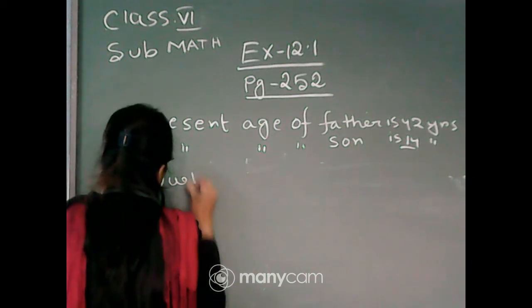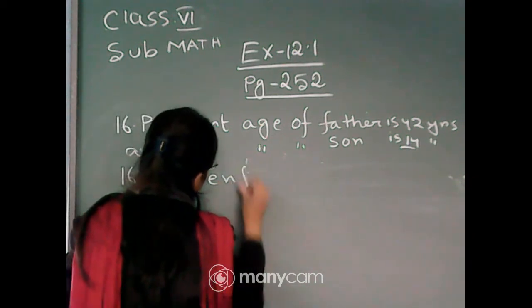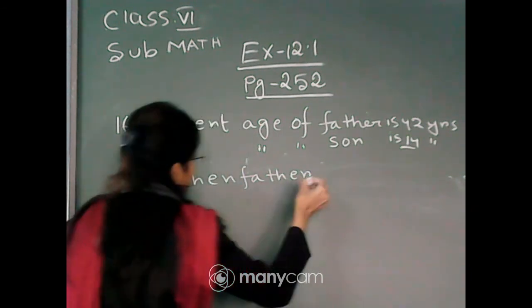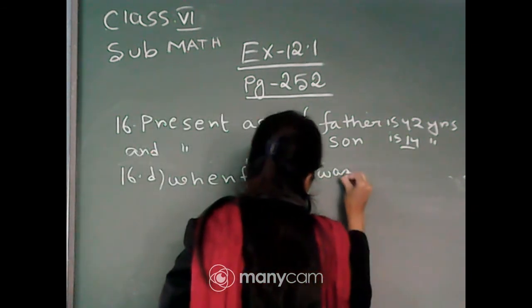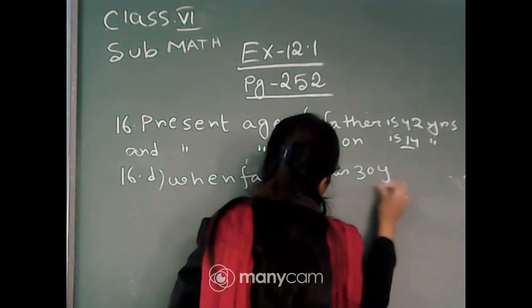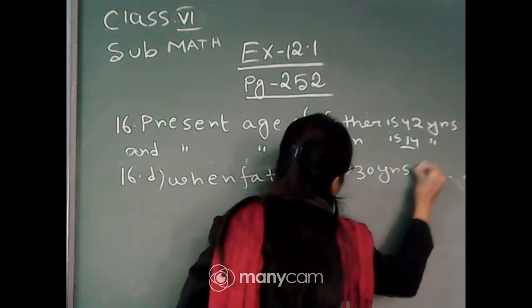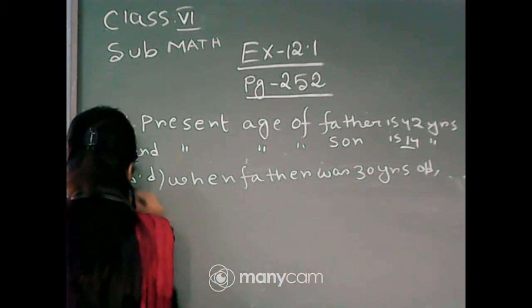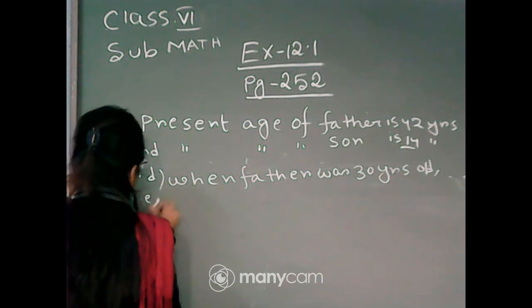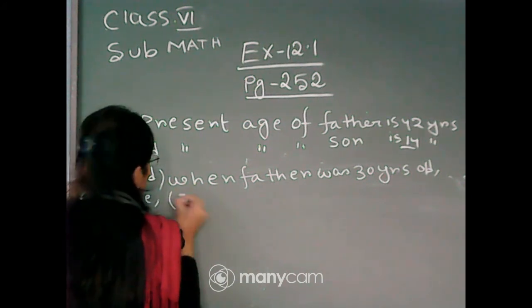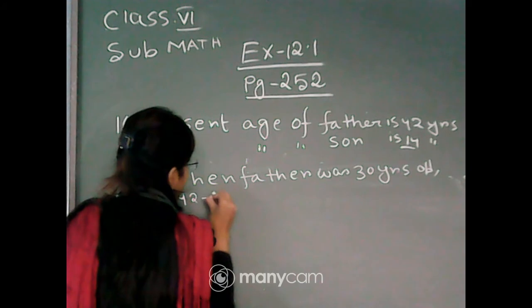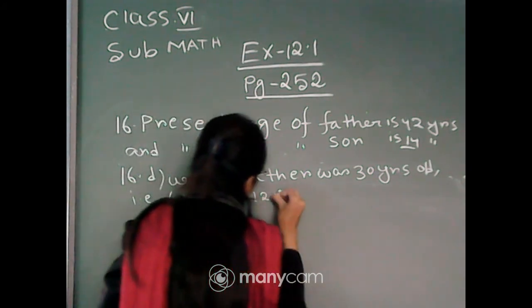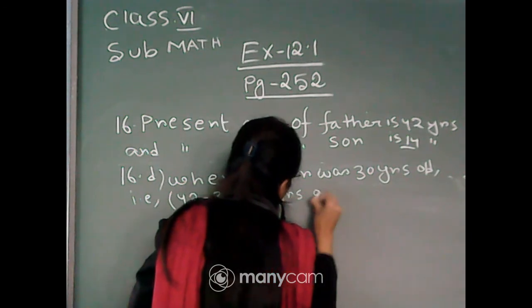When father was 30 years old, that is 42 minus 30 is equal to 12 years ago.